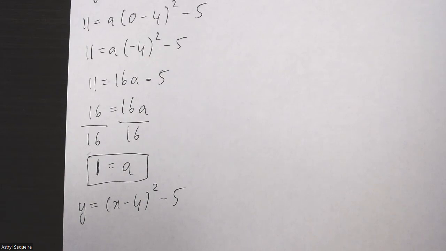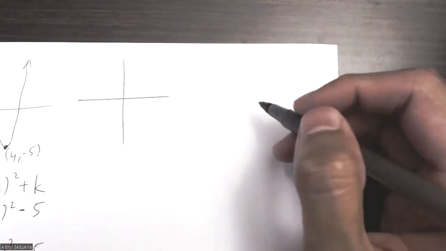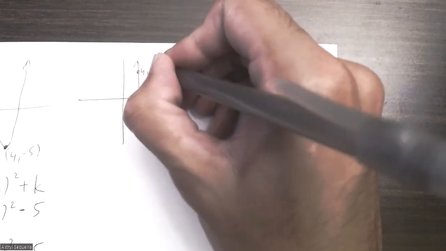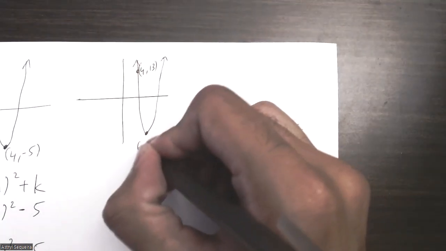Let's try another one for practice. That's what our graph looks like. This point is (4, 13), and the vertex is (6, -7).